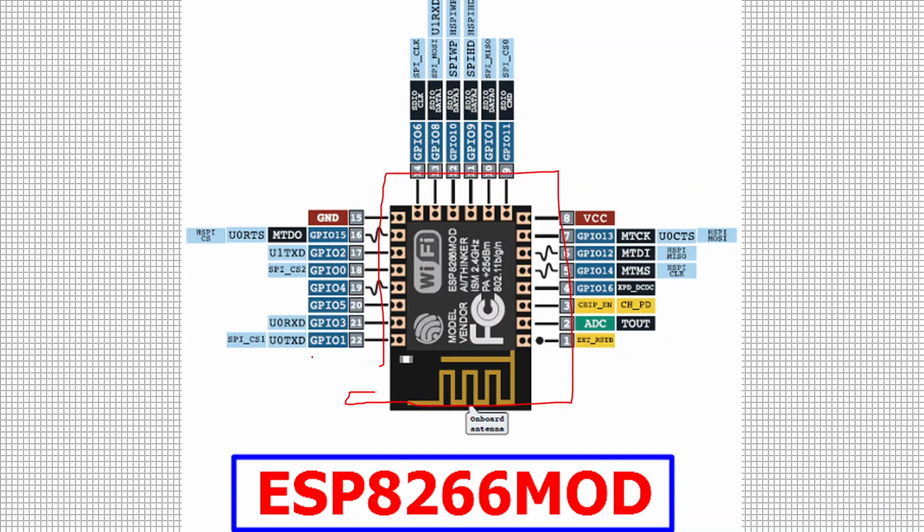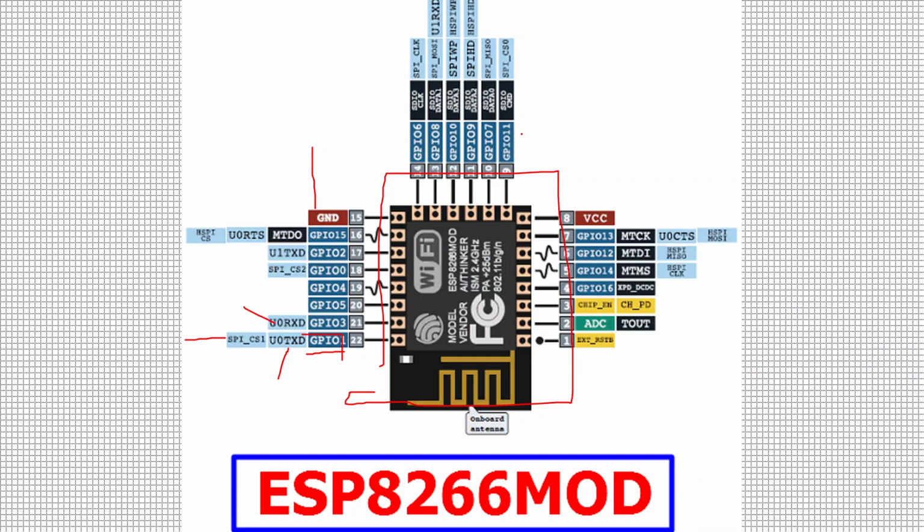So the general input output means GPIO, general purpose input output. So we have 1, 2, 3. So there are like 22 pins. So this is basically transmitter receiver. So SPI, serial peripheral interface. So here is the ground.